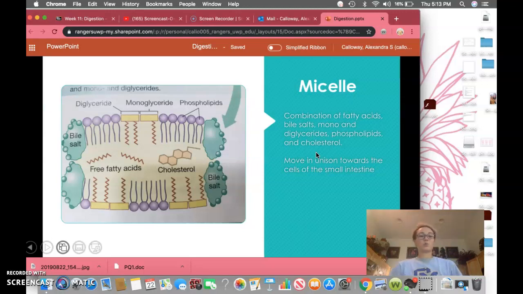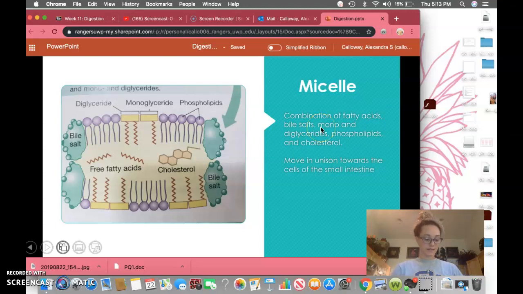So after the emulsion process, and I don't know that I'm saying this right, but I'm going to say micellase. Well, a micellase is formed, which is the combination of fatty acids, bile salts, mono and diglycerides, phospholipids, and cholesterol.